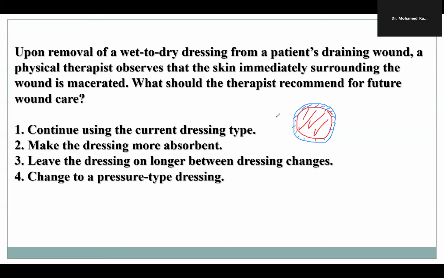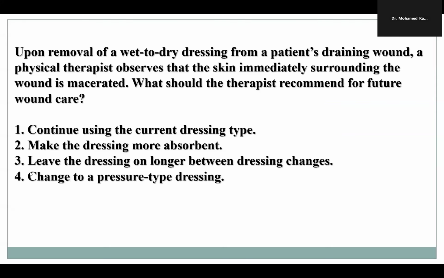The peri-wound area was macerated, and maceration is a sign of too much fluid. We need to keep the wound moist in order to have proper healing, but not too much moisture and not dry at the same time. So, what should the therapist recommend for future wound care?